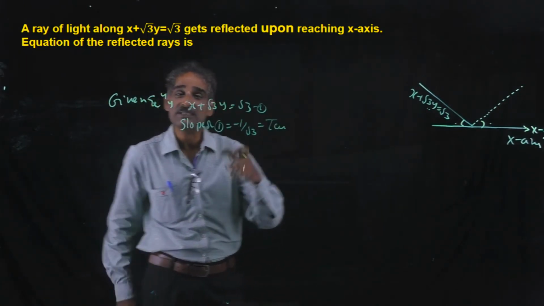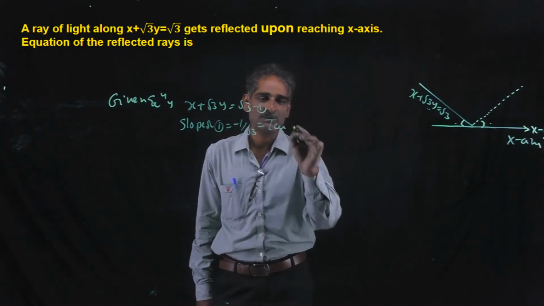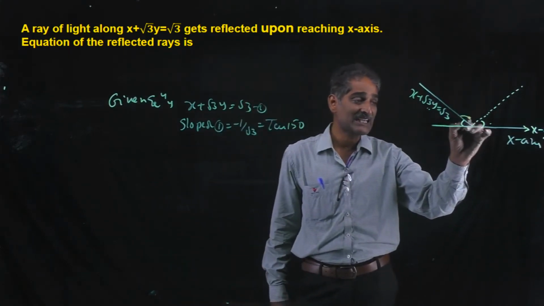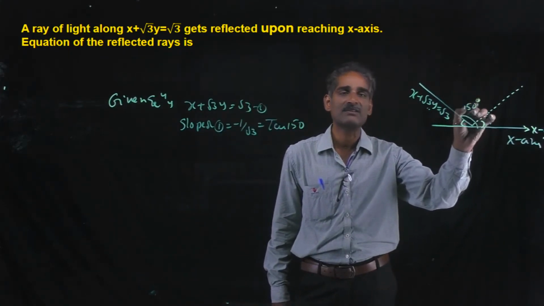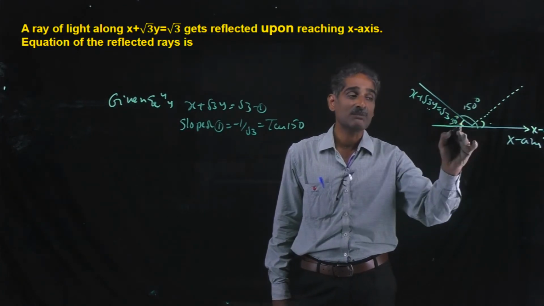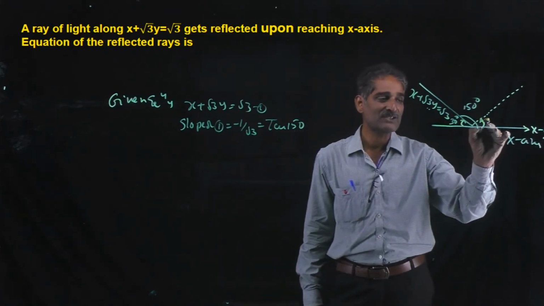Minus 1 by root 3 means an obtuse angle. Tan theta equal to minus 1 by root 3, that means tan of 150 degrees. That means this inclination is 150 degrees. So this is 30 degrees, but we are measuring it in the anti-clockwise direction. Now the inclination of this is also 30 degrees.